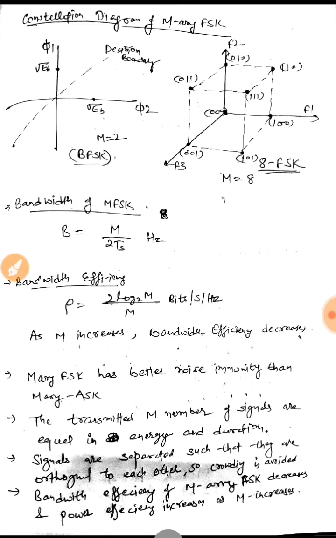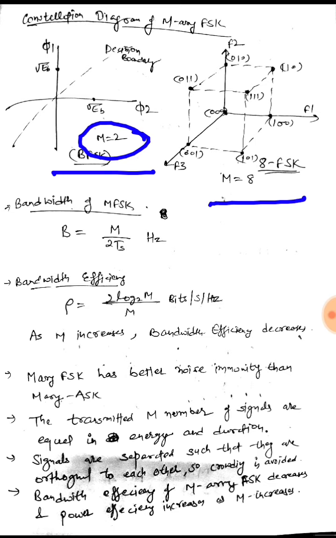Now this is the constellation diagram of M-Array FSK. This is BFSK, in which 2 symbols are there, and this is 8 FSK. In the BFSK we would have only 2 symbols having different frequencies, and both of them will be orthogonal to each other so as to avoid the interference between them.